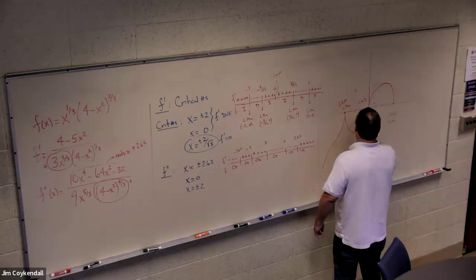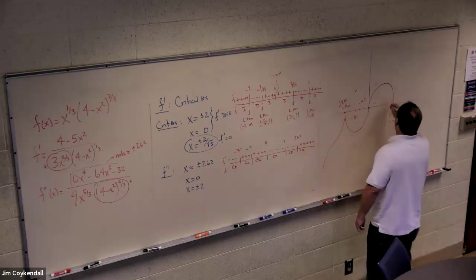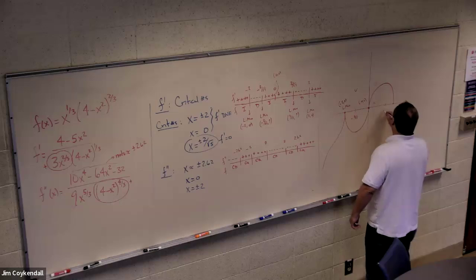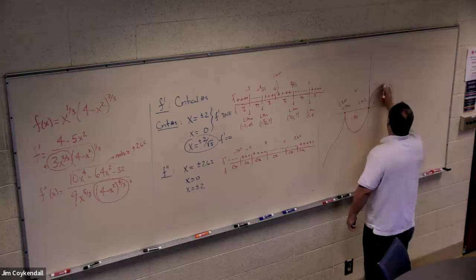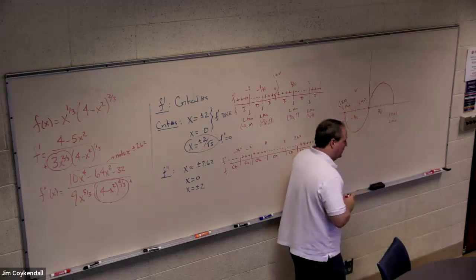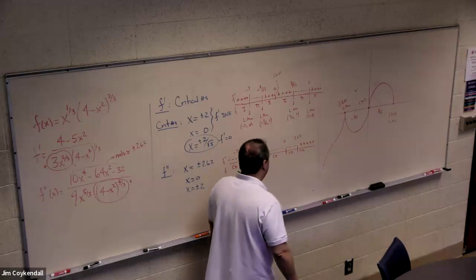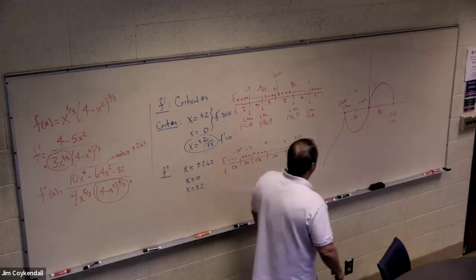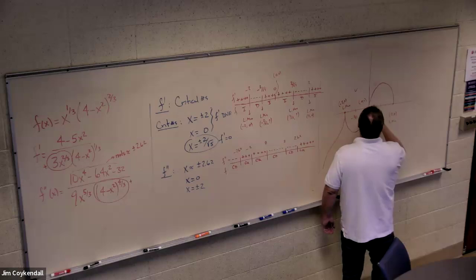So this is about a grayscale, 2/5 negative. And it should be, actually, it should be less than halfway here. But what we have here is a vertical tangent.